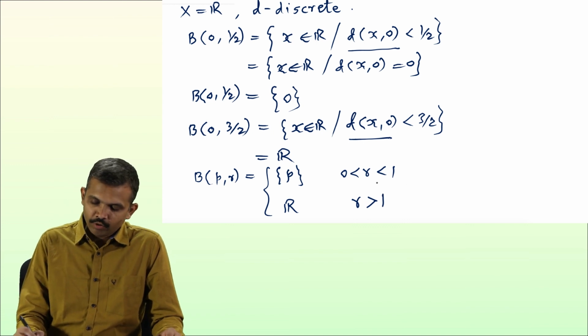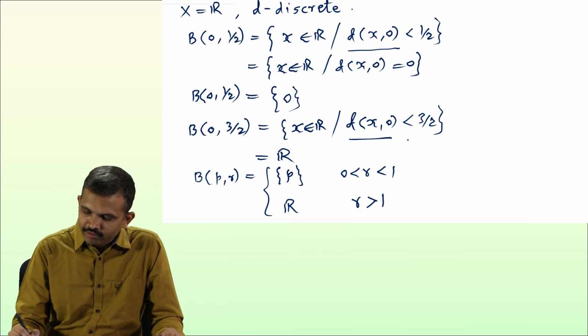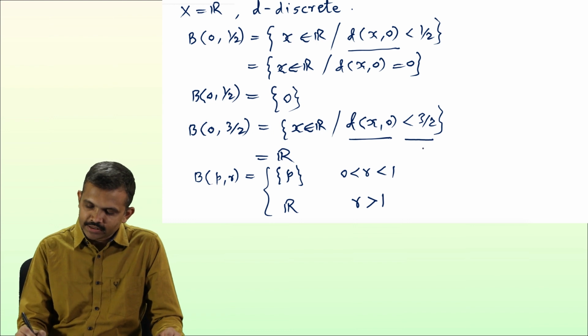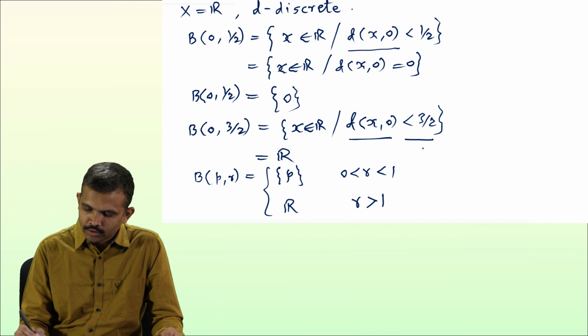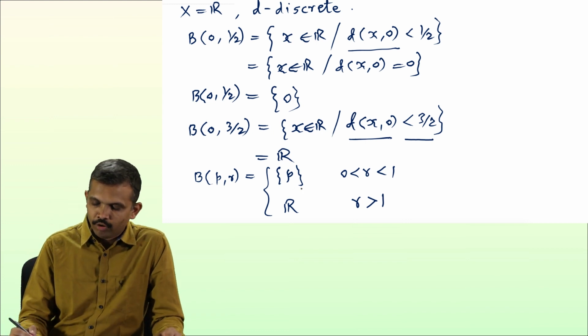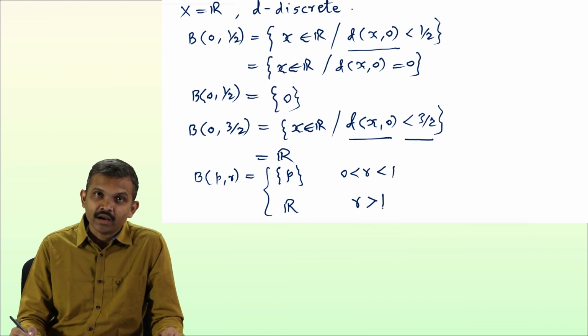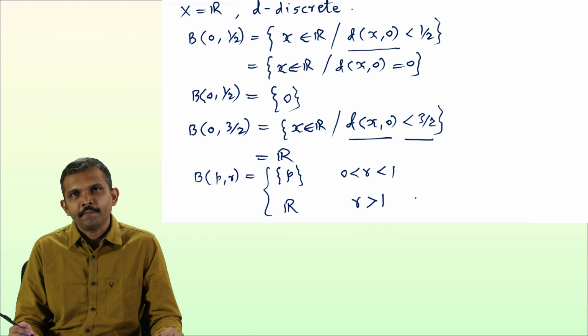What happens for r equal to 1 you can check: you have d(x, p) less than 1, and hence it is again the singleton {p}. So, in general, B(p, r) is equal to the singleton {p} for r less than or equal to 1 and the full space R for r bigger than 1.